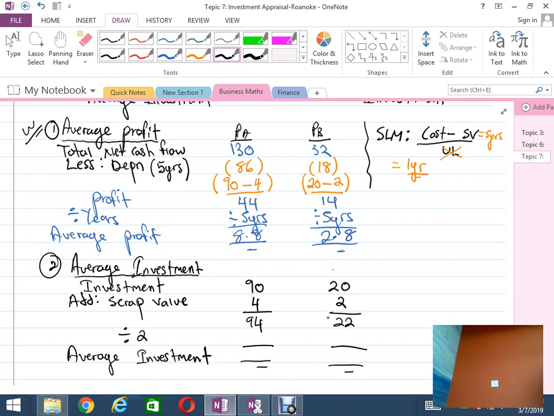If you don't have a scrap value, no average. Are we okay, guys? Simple. So 94 divided by 2, you get 47. And this is 11.